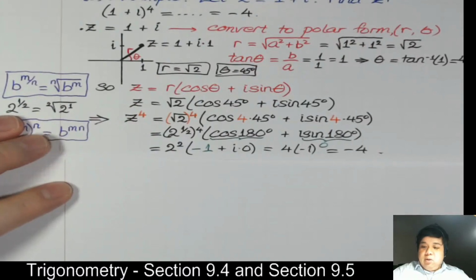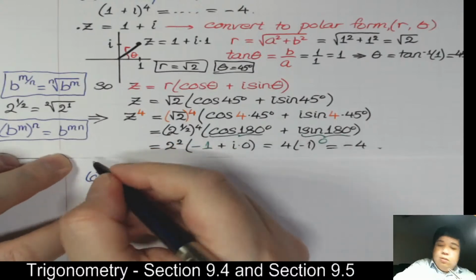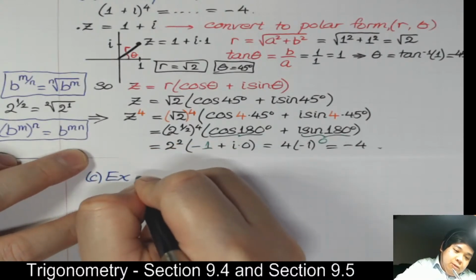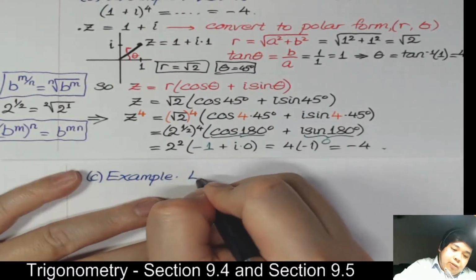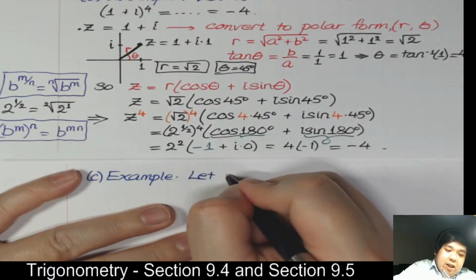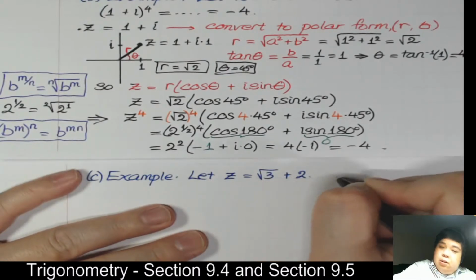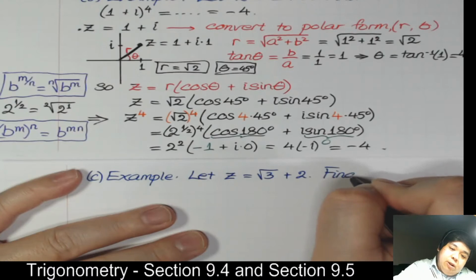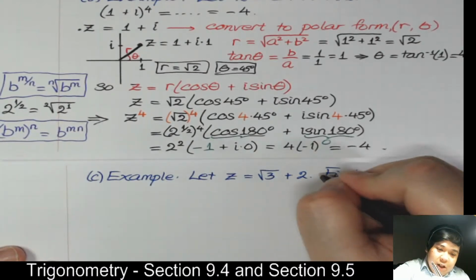Let's look at another example. Let z equal square root of 3 plus 2i, find z cubed.